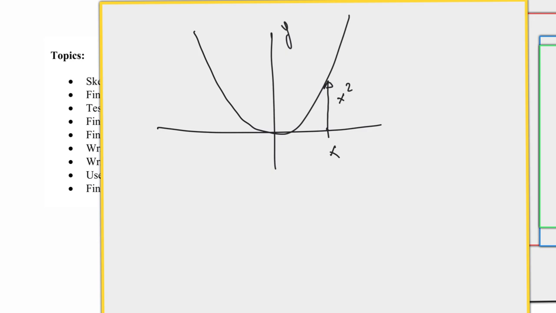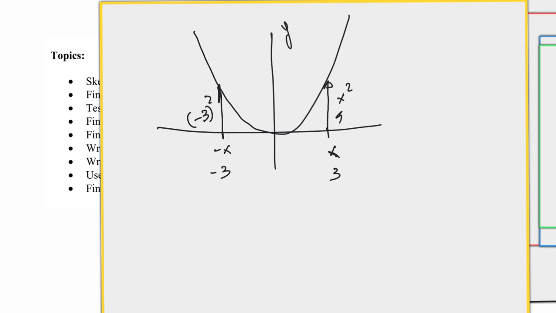I choose another point that is symmetrical with respect to the y-axis, so I choose the point minus x. So if this is 3, this is minus 3. And I see the heights are the same. Minus 3 squared is 9 also, and here is 9, so there is a symmetry.